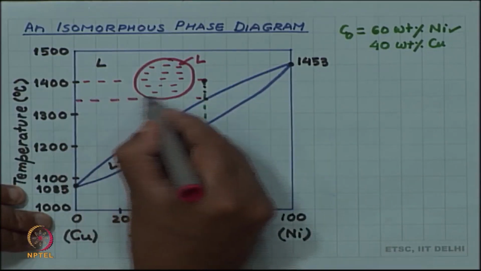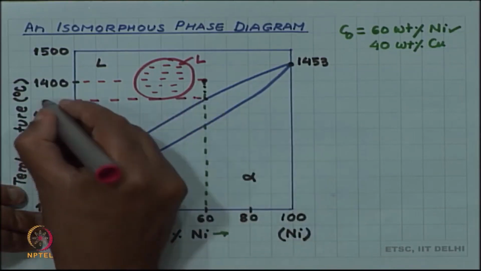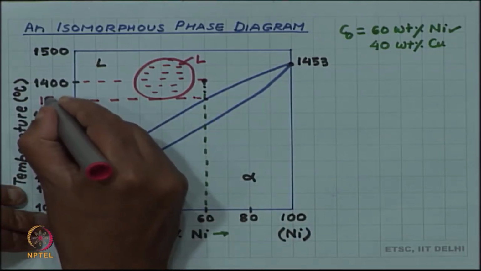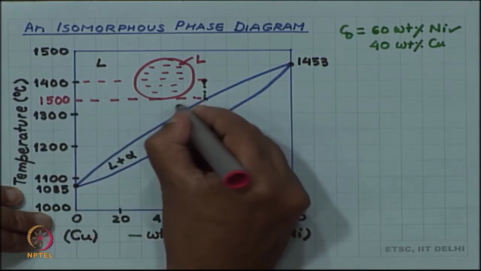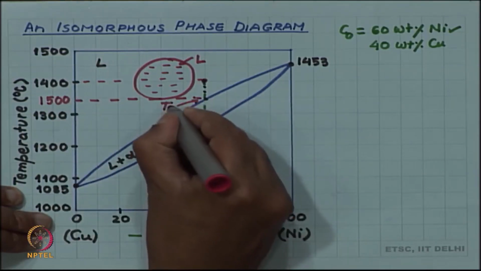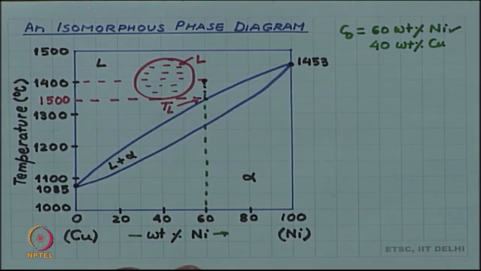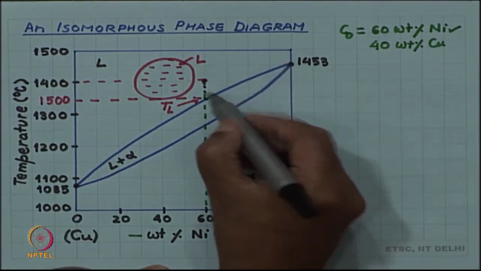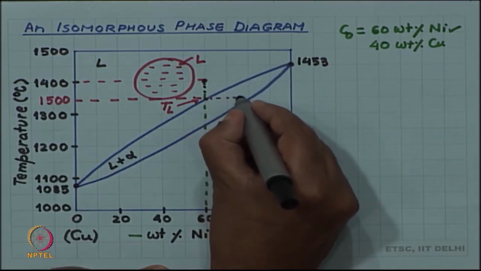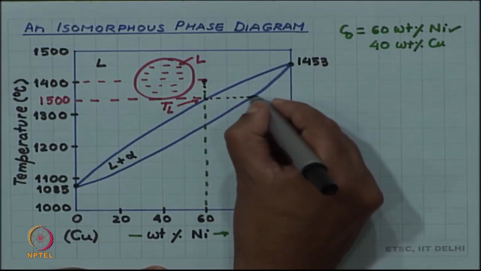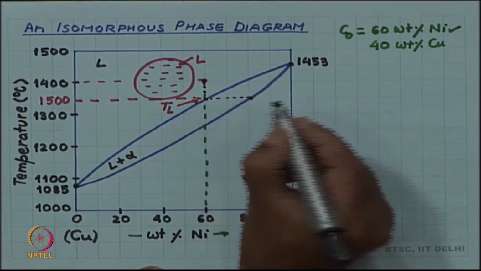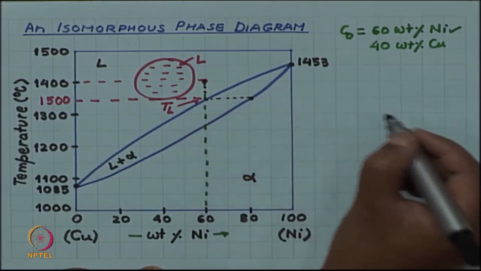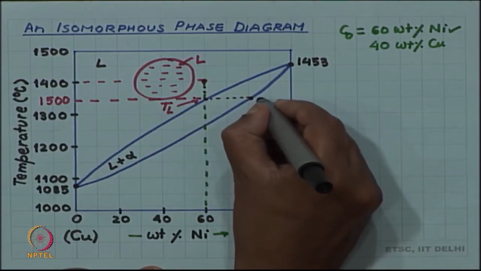So, in this diagram it is approximately 1500. So, 1500 is the liquidus temperature, let me label it as TL. So, when the alloy reaches the liquidus temperature, you will begin to see a first solid, and by tie line rule the first solid will have a composition given by this point.